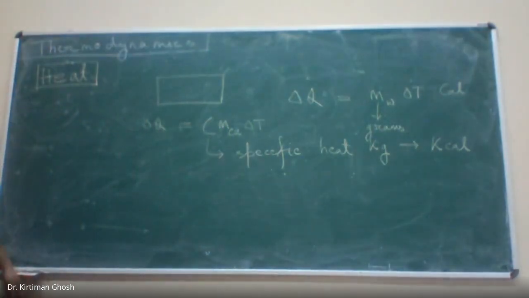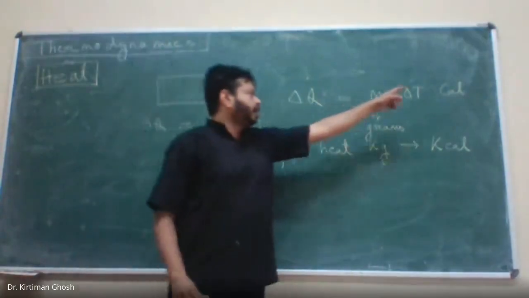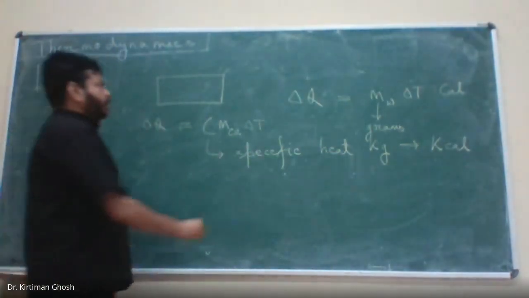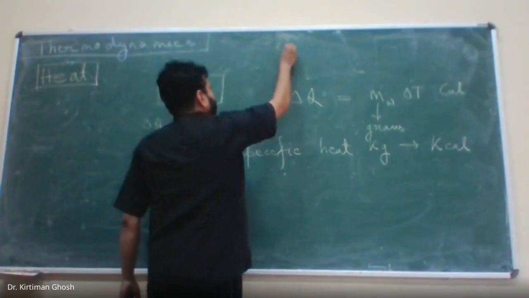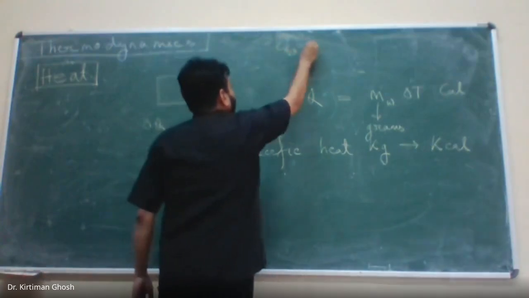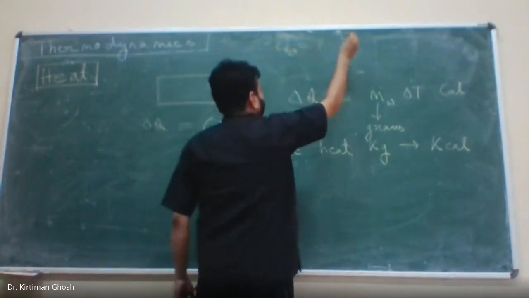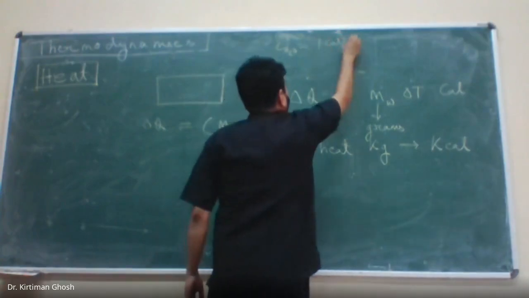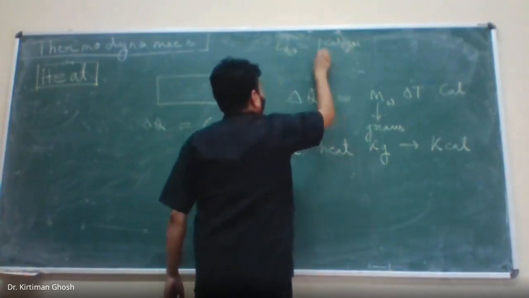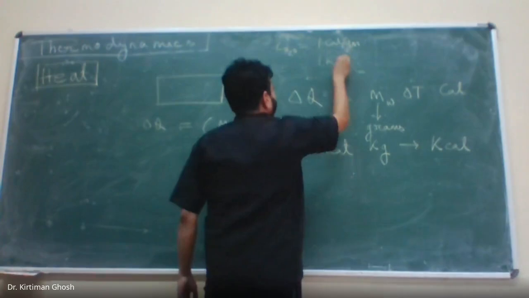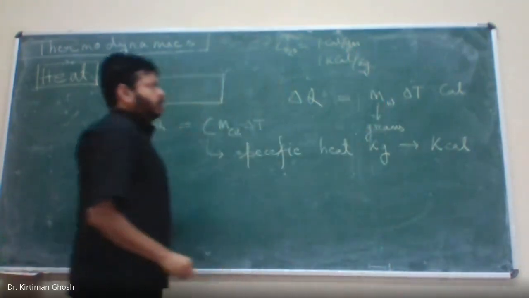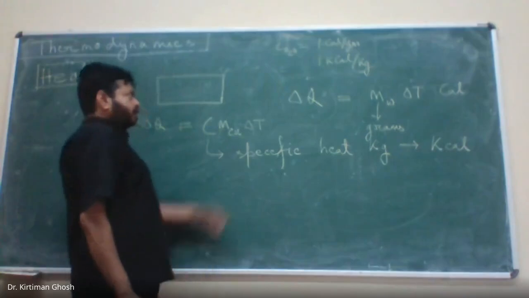And obviously, as we define the unit of calorie and kilocalorie using water, the specific heat of water, C of H2O, is 1 calorie per gram per degree, or 1 kilocalorie per kilogram per degree. So this is the definition.